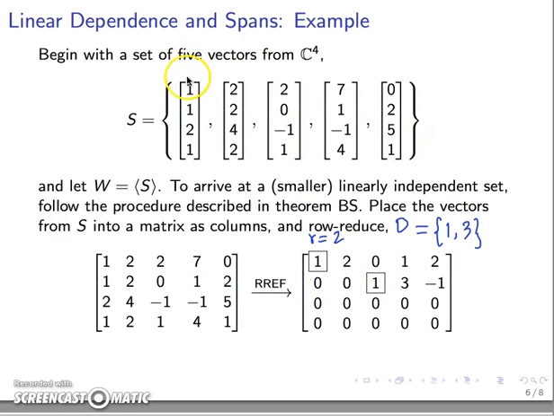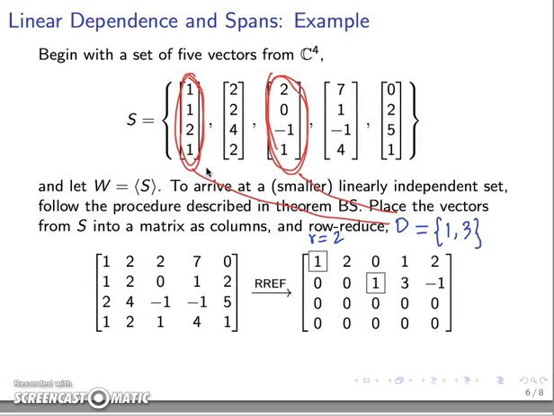So vectors u sub 1 and u sub 3, the first and third members of the set S, are precisely the two members that we would select to form a subset of S such that that subset is linearly independent, and it also has the property of being spanning.